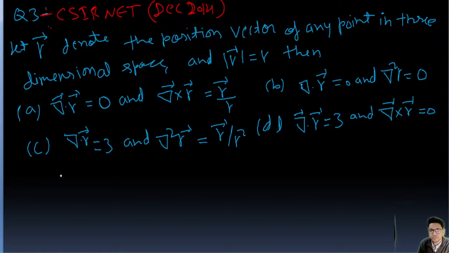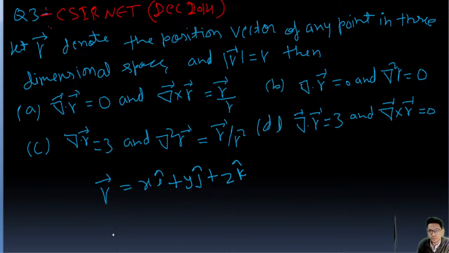So we have to find which option is correct. Okay, so we know position vector R is equal to x i cap plus y j cap plus z k cap. This is the R vector.